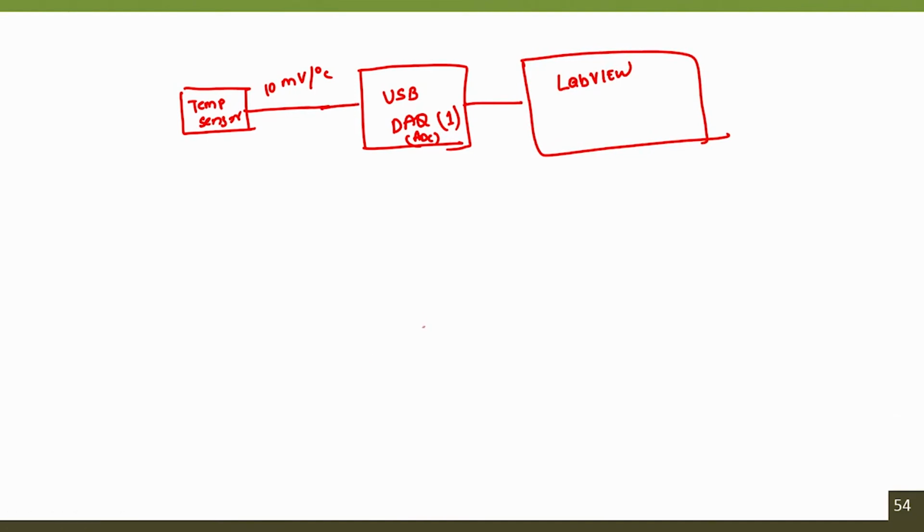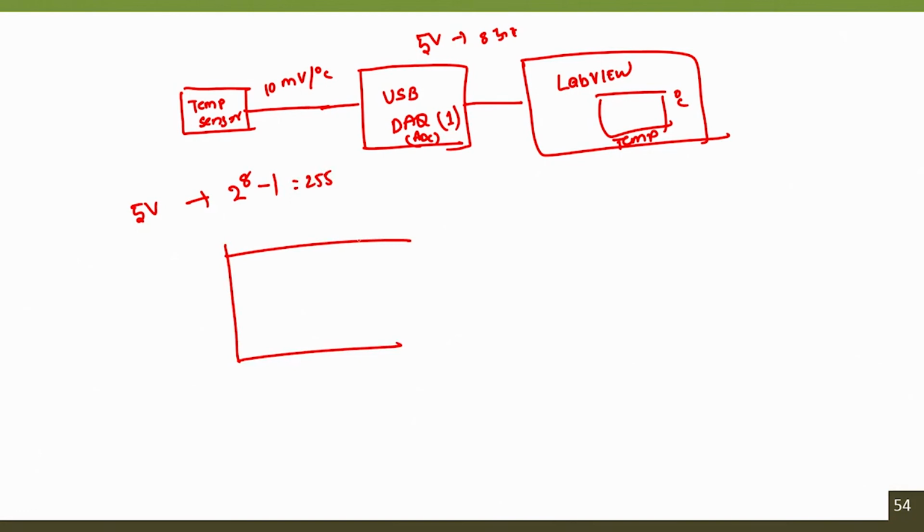When the gain is 1, we will see what resolution we are going to get. Since the USB DAQ operates at 5 volts and has an 8-bit ADC on board, this 5 volts will be divided into 2 power 8 minus 1, which is 255 levels.